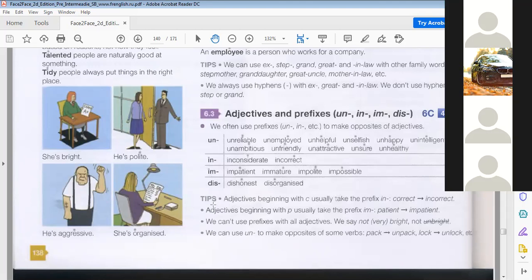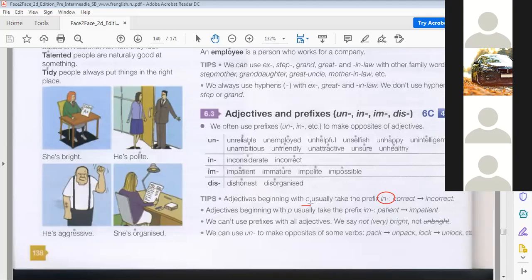Okay, so we have a few tips here that are important to keep in mind. If your adjective starts with a C, there's a big chance you will use in. Of course, these tips are not always true, but usually. Do you get the idea?